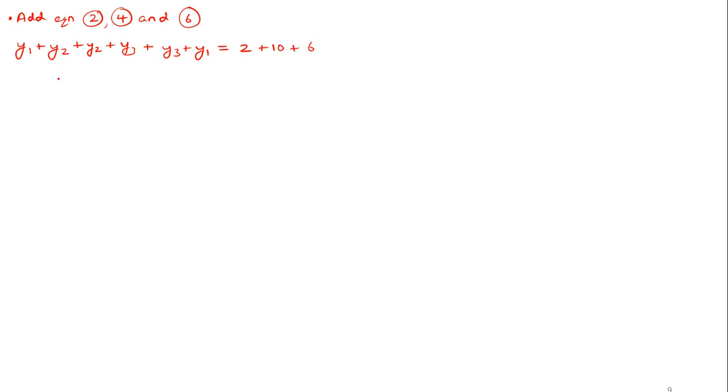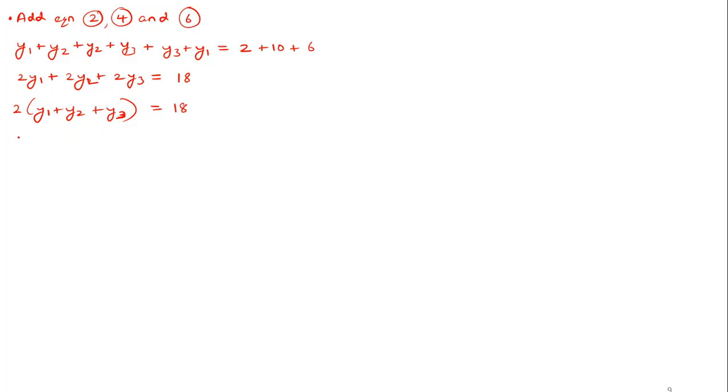So 2y1 plus 2y2 plus 2y3 is equal to, we'll add this, it will become 18. We will take 2 common outside, so y1 plus y2 plus y3 is equal to 18.